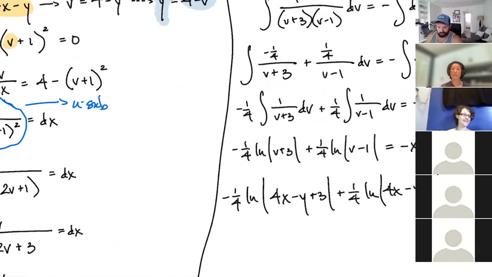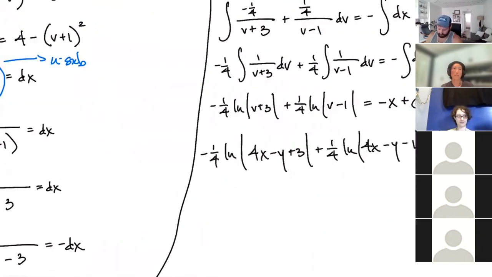Even though it's not pretty, this is technically an answer, right? We found our solution and we put it back in terms of x's and y's. It's very much implicit at this point, like the x's and y's are all mixed together. I would say that this is fine.